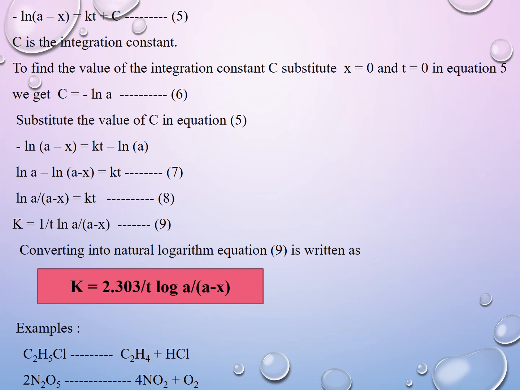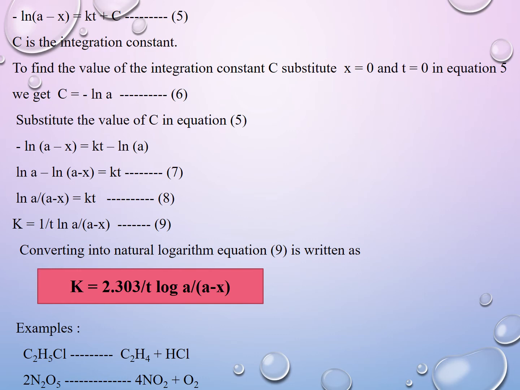Now k is equal to, bringing the t to the other side, 1 by t into ln of a by (a minus x). Now converting this ln into log, that is converting the natural logarithm, we multiply by 2.303. So now we get k is equal to 2.303 by t into log of a by (a minus x).